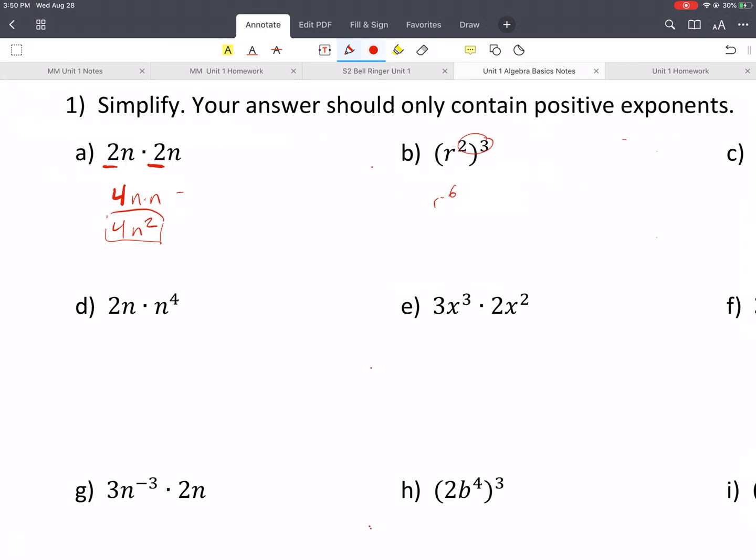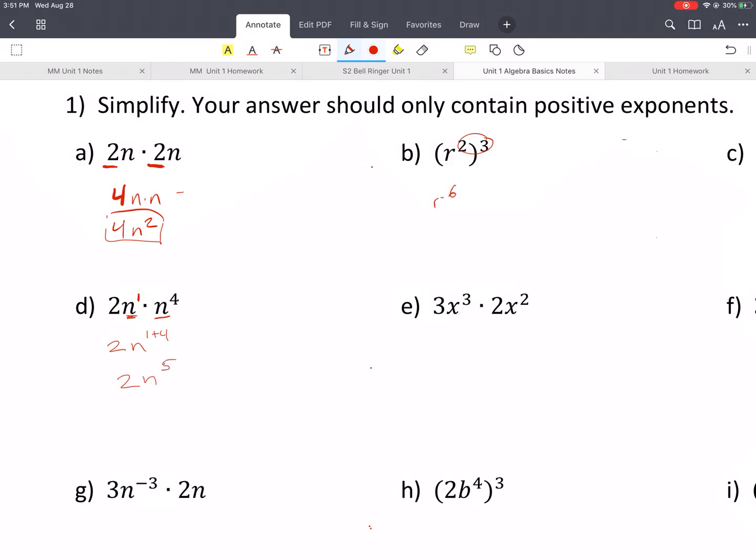Okay, next one, we have the same base, so we'll add their exponents. Whenever you don't have a number for your exponent, it will always be 1. So n to the 1 is the same as n. So we have 2, and then we'll do n to the 1 plus 4, which is the same as 2n to the 5th.